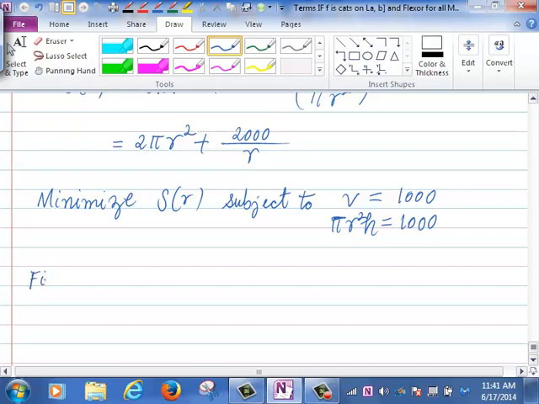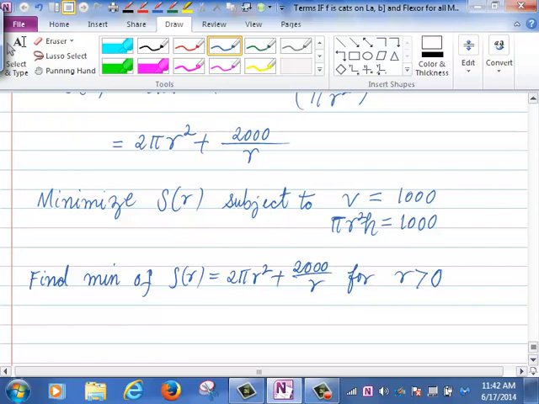Okay, so then you agree with me that our goal now is to find the minimum value of the surface area, which is given by 2 pi r squared plus 2000 divided by r, subject to the condition that r is positive.